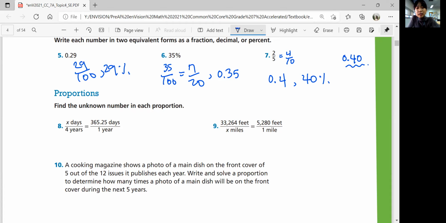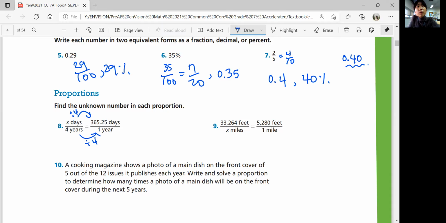So X days, using the proportion, X days over 4 years should be equivalent to the same proportion, 365.25 days over 1 year. So if you divide 4 years by 4 to get 1, you need to do the same thing to X. X divided by 4 is 365.25.